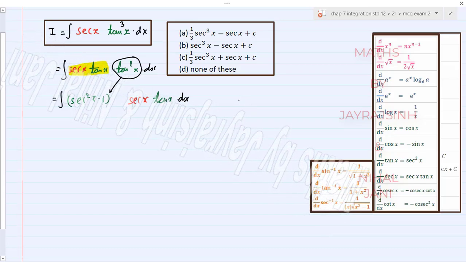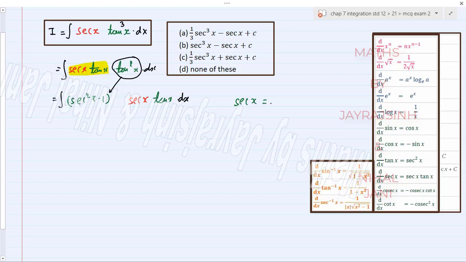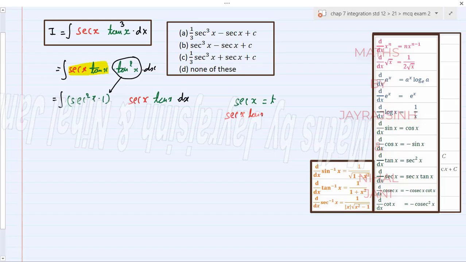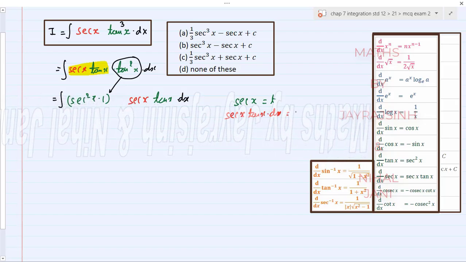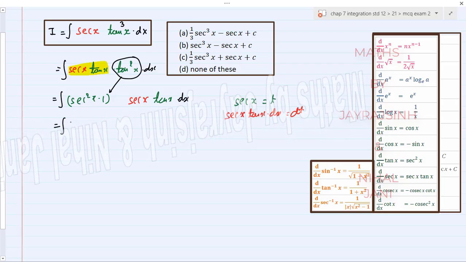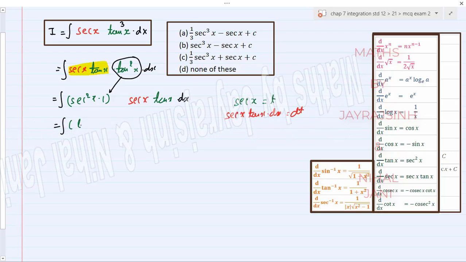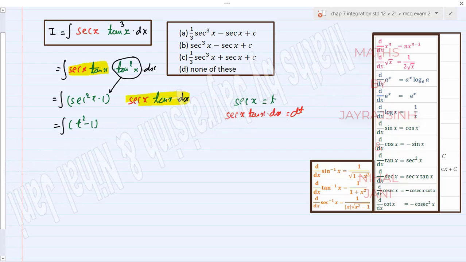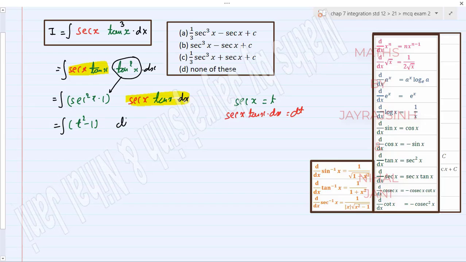Now we can assume sec x is equal to t and we will get sec x tan x dot dx is equal to dt. So here sec square x minus 1 will become your t square minus 1 and the sec x tan x dot dx will become your dt.